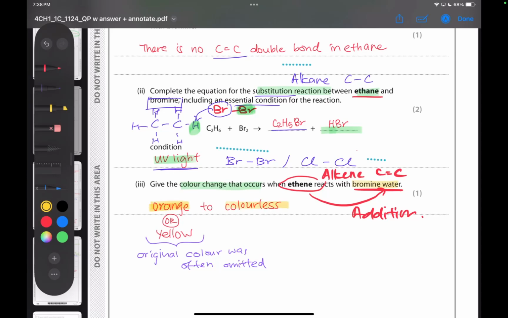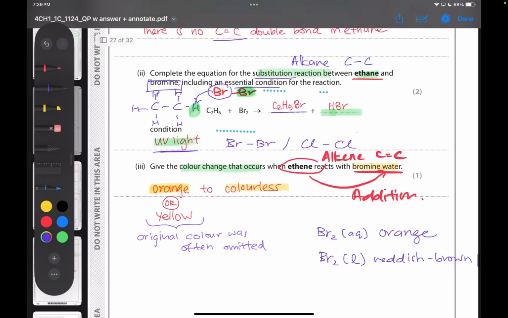It will turn colorless in this case. Things to take note about bromine: if it's bromine water, dissolved in water, it is orange. If it's bromine in its elemental form, which exists as a liquid at room temperature, it is reddish brown. So please don't get them confused.